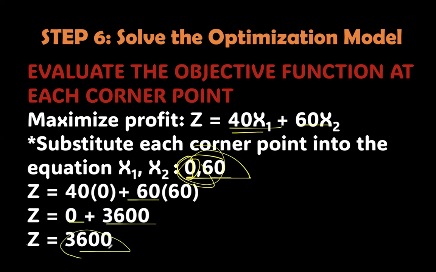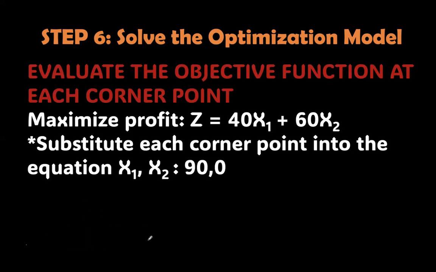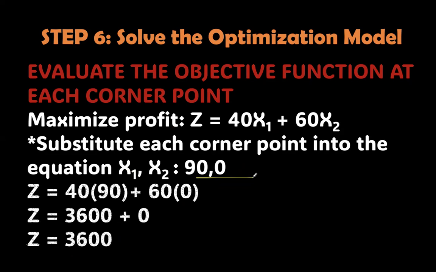So your maximization profit for the 0, 60 region will be 3,600. That's how you will deal with that one. Now for the maximization profit for the 90, you also have to evaluate that one. 40 times 90, then 60 times 0. You do the same thing. So 3,600, then 0, then 3,600 is your profit.